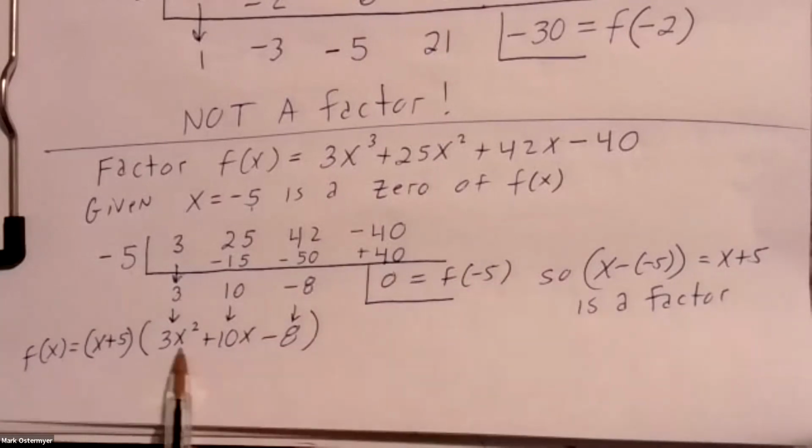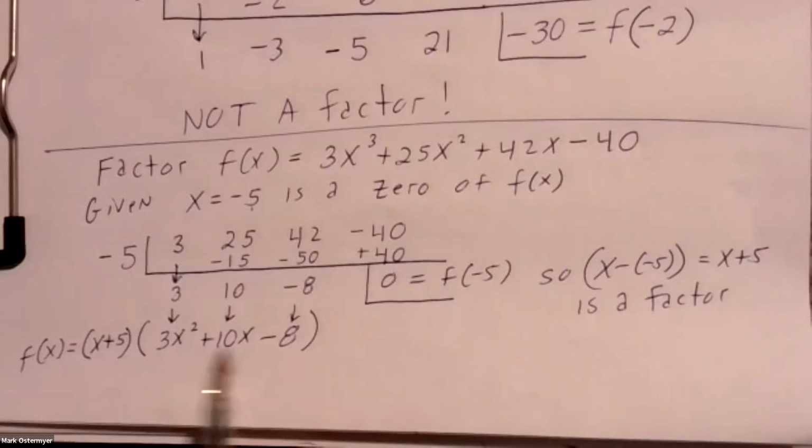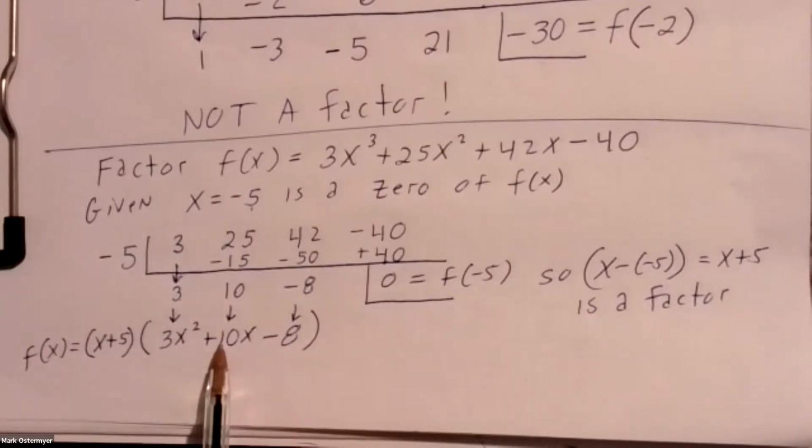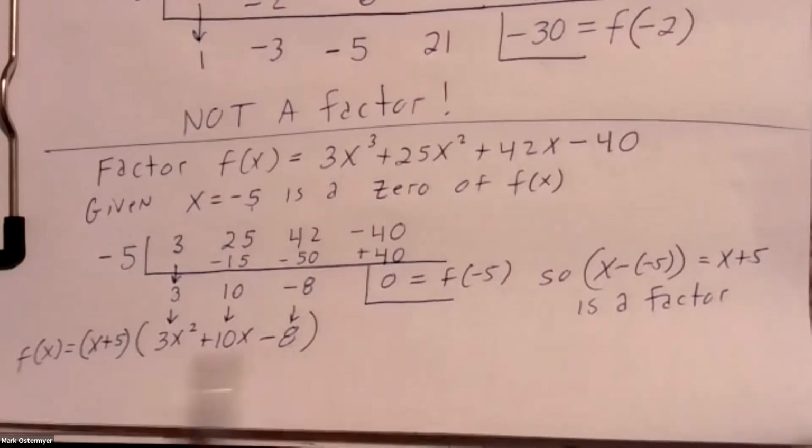Now, can this trinomial be further factored down using our techniques from elementary or intermediate algebra? 3 times -8 is -24, and 2 factors of -24 that sum up to +10 would be 12 and -2. So it does further factor down.